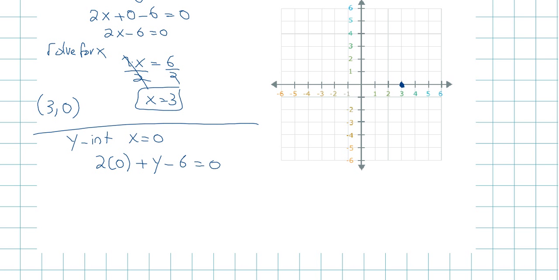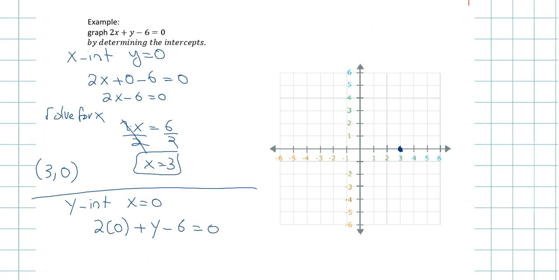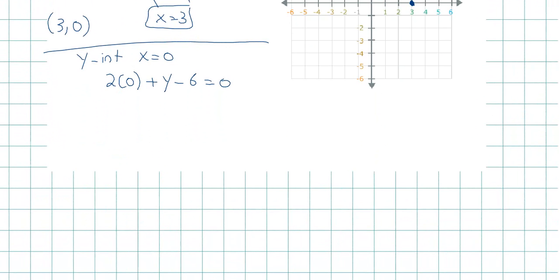Okay? So it's 2 times 0 plus y minus 6. What's 2 times 0? 0. So I'm left with y minus 6 equals 0. So y equals 6.